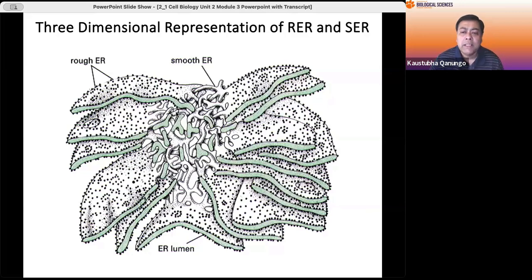As I said, there is no such thing as a separate rough ER and separate smooth ER. Some portions of the ER don't have ribosomes and appear smooth. Some portions on the side that you can see are studded with these ribosomes, which are actively synthesizing protein, either soluble or membrane proteins, and they are the rough portion of the ER.